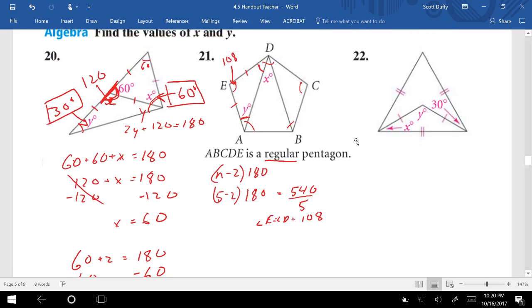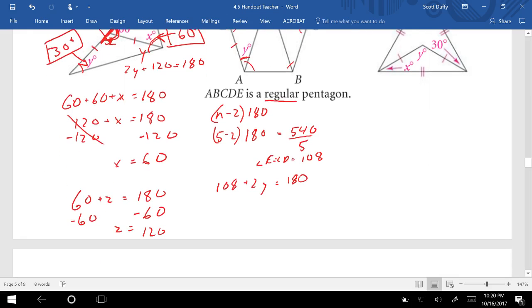So I say 108 plus 2y equals 180. And then subtract 108 and I get 2y equals 72. And then y equals 36.